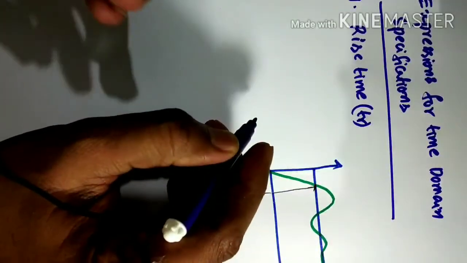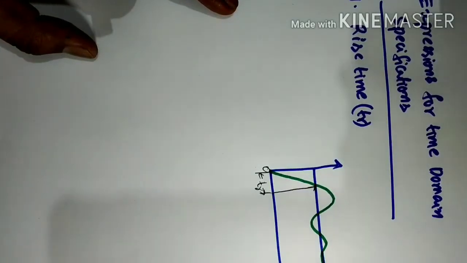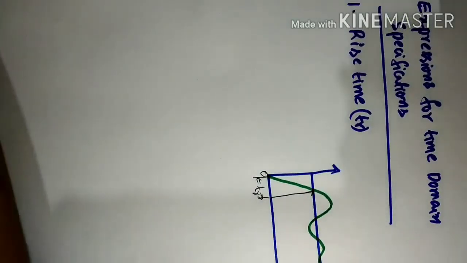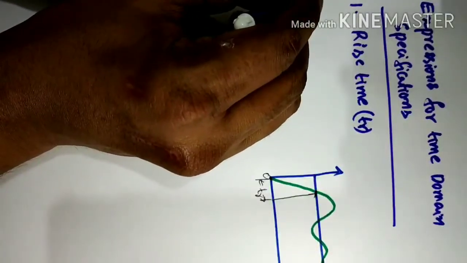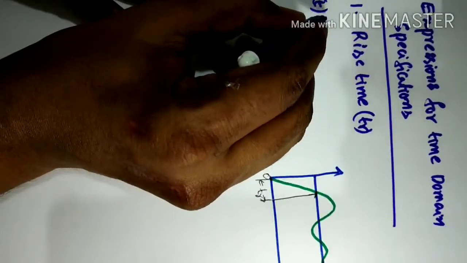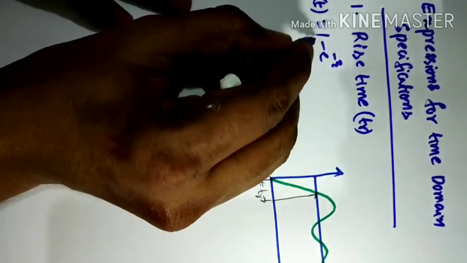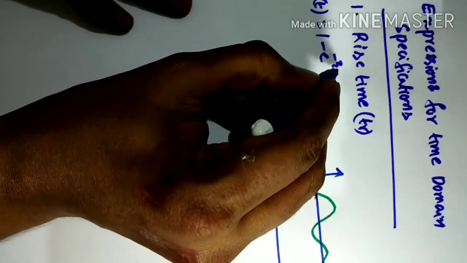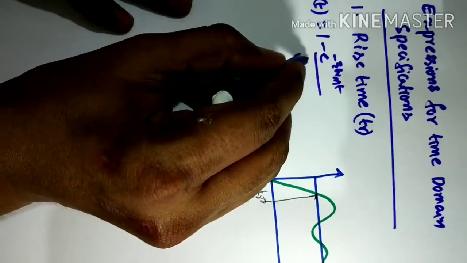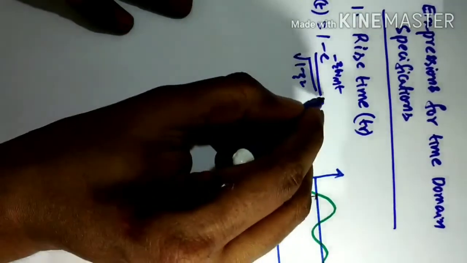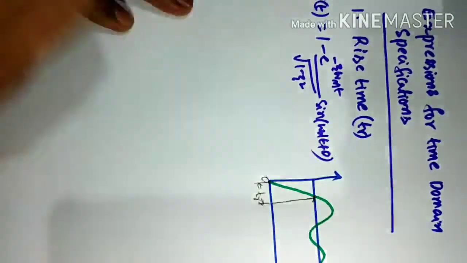So you know the response of an underdamped system. What is the response of an underdamped system? C of t is equal to 1 minus e raised to minus zeta omega n t by root 1 minus zeta square, sine omega d t plus theta, right?